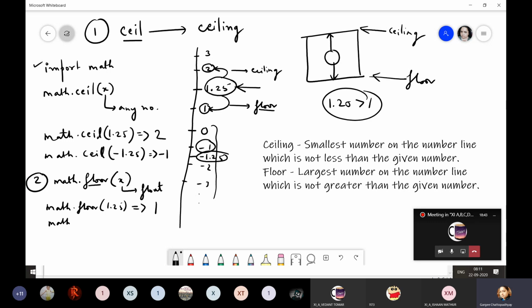Similarly, if I write math.floor(-1.25), what should I get? Now check this on the number line over here. What will be the floor? Minus 2. Got it? So these are two very important functions. You can just note it down in your copy, students.